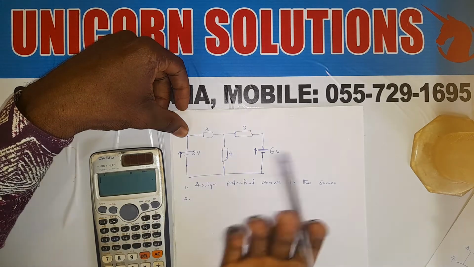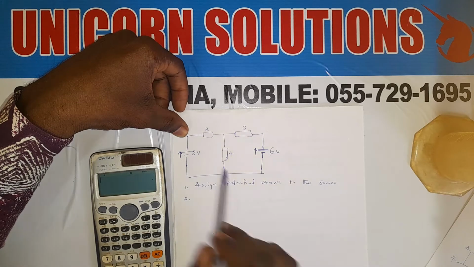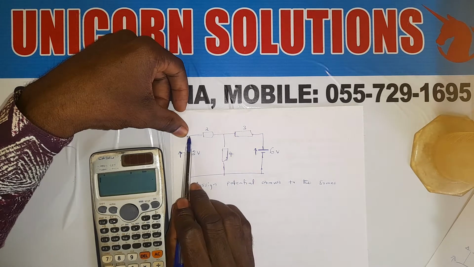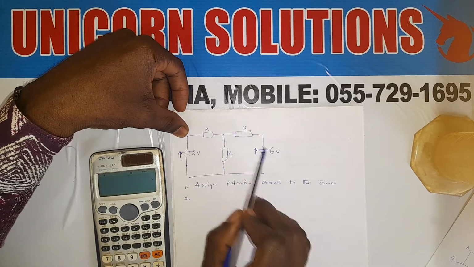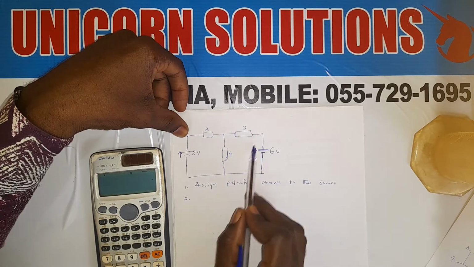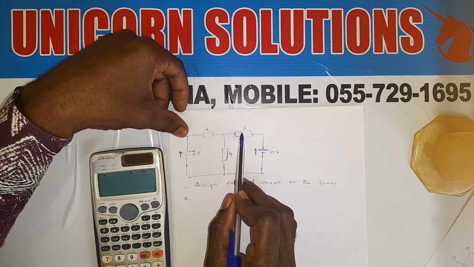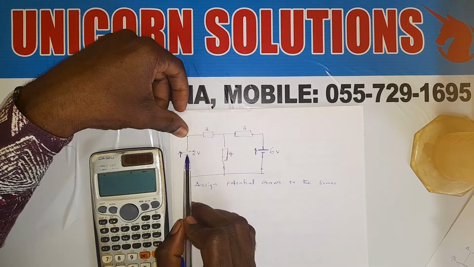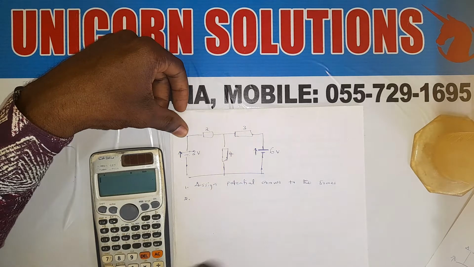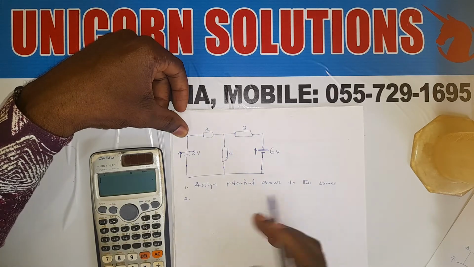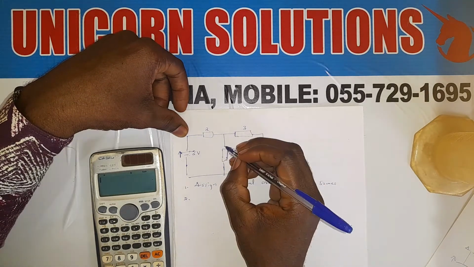So you can choose any of them. Either current will be moving this direction to supply this resistor, this one, and also this. Or we let this one discharge to supply this resistor, this, and this battery. Or on the other hand, we can let both discharge onto the circuit. Either direction that you pick, you'll still get your answer.